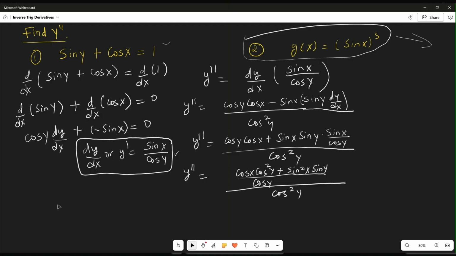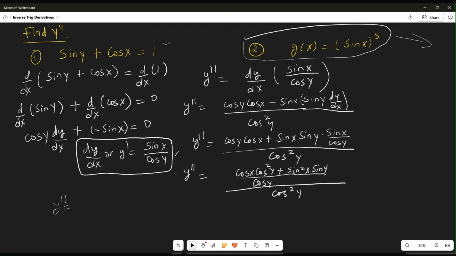So what we have, we know that sine y plus cosine x is 1. Looks like we cannot take anything common here though.